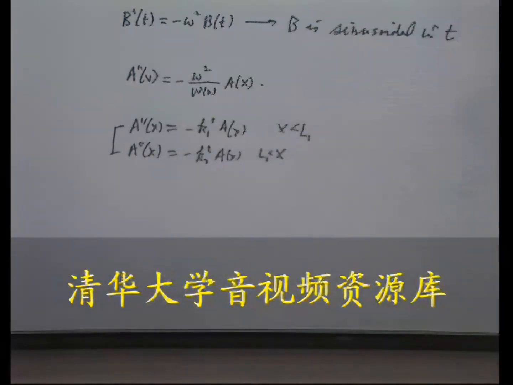So in each region we have a sinusoidal wave, but the k, that means the wavelengths, are different.